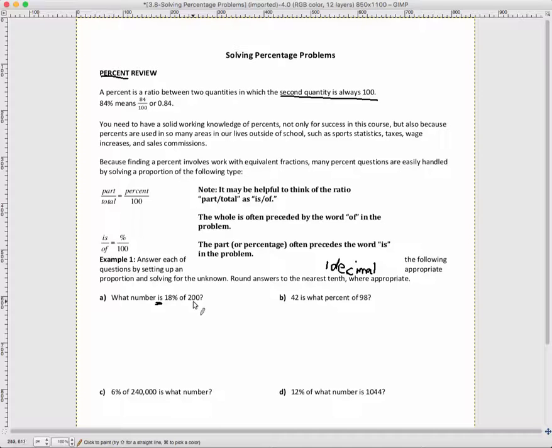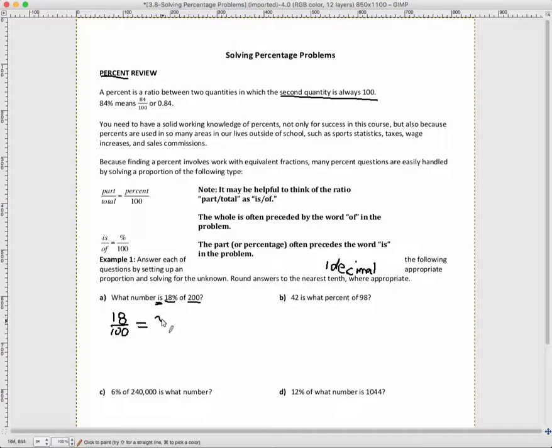18% of 200. So "of" means 200 is the whole piece, and 18 is the part. So we remember percents are always relative to 100. So 18% is 18 out of 100, and we want 18% of 200.